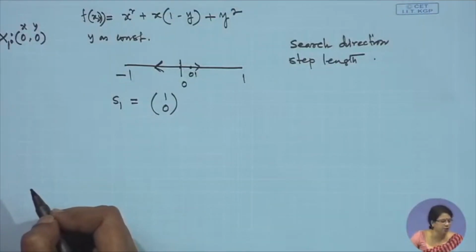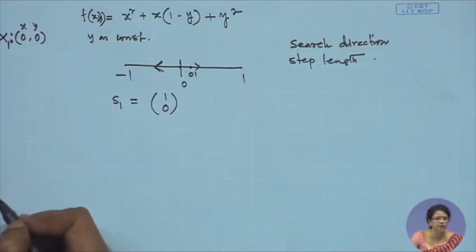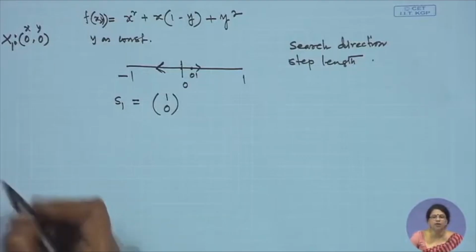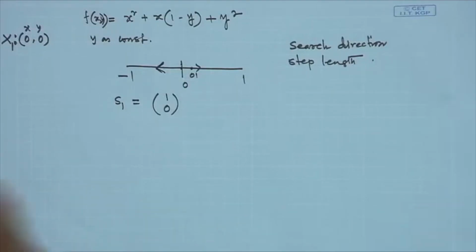We can see the functional value is 0.0001. And what is the functional value at 0 0? That was 0 only. That is why the functional value is increasing on the right-hand side.